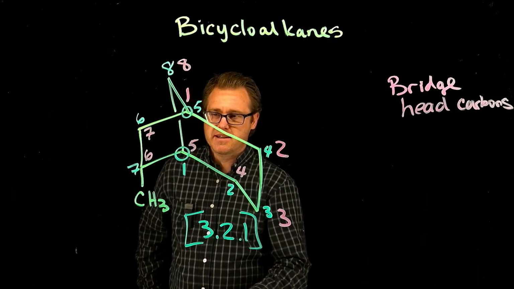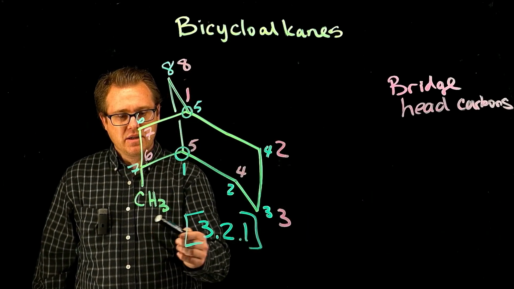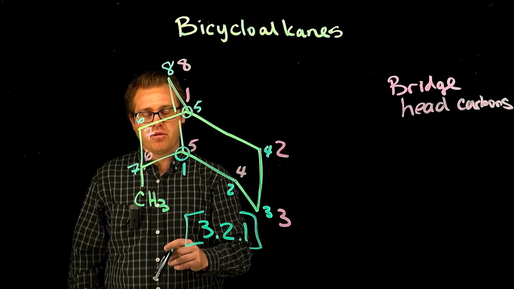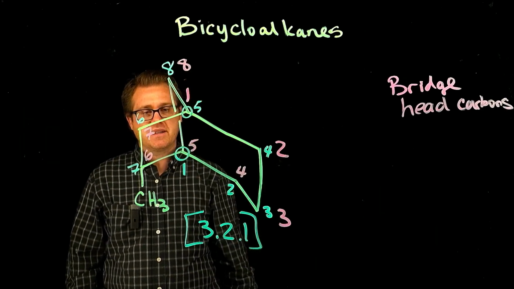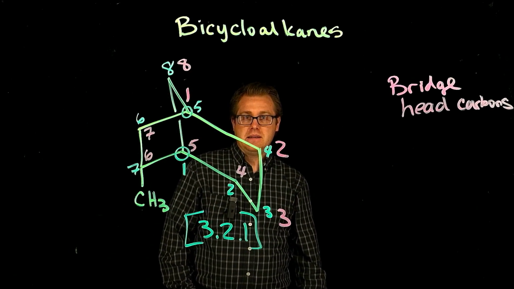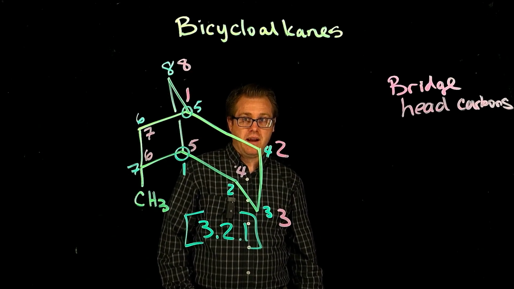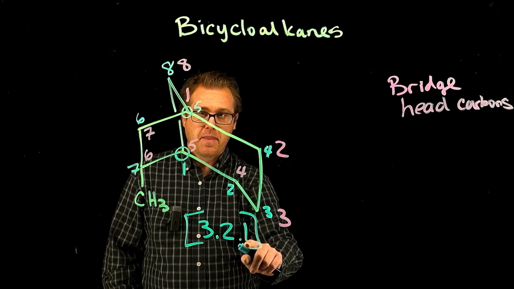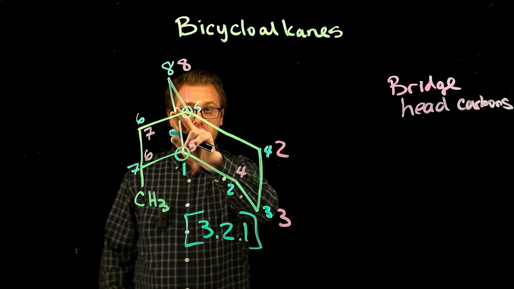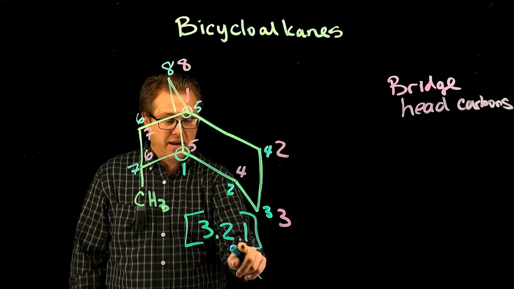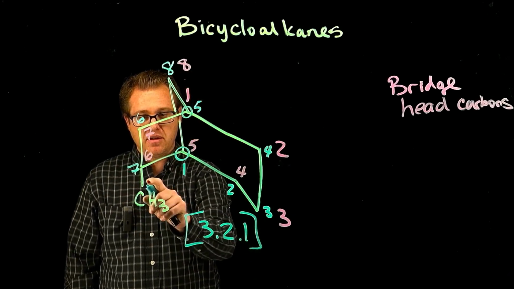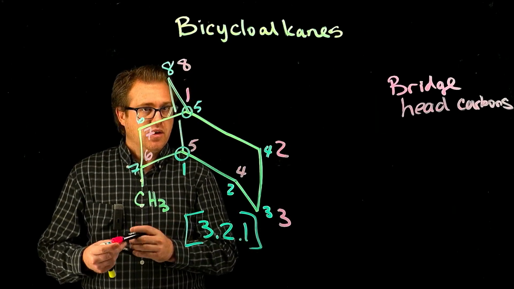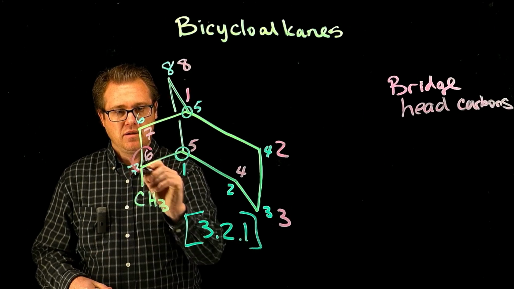Well, if we have a tie in numbering the bicyclo ring, we want to give the substituent the lowest number. When we're numbering the bicyclo ring, we have to follow this path. But if there are two ways to go about this path, then you give the substituent the lowest locant number. So that would be the 6, or the pink numbers.